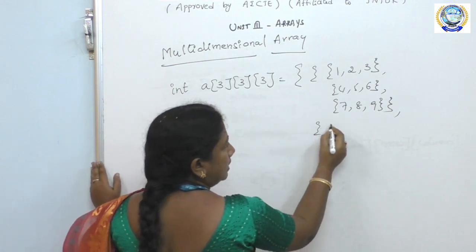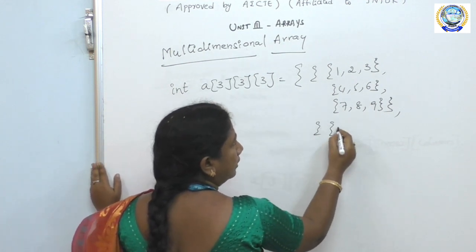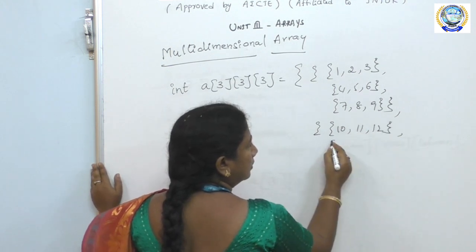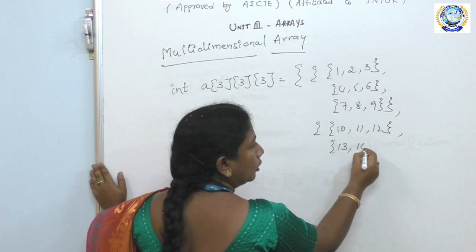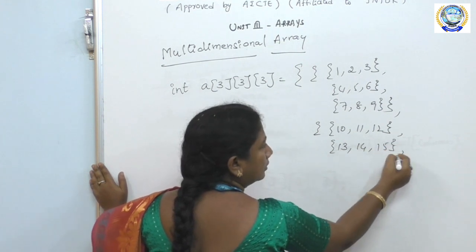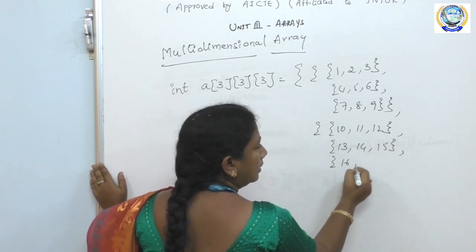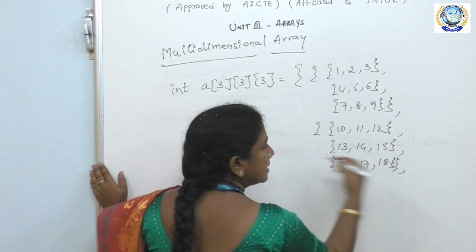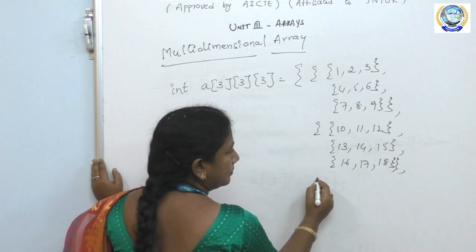Next, for the second plane, again 10, 11, 12, 13, 14, 15, 16, 17, 18, and this is the second plane's details.